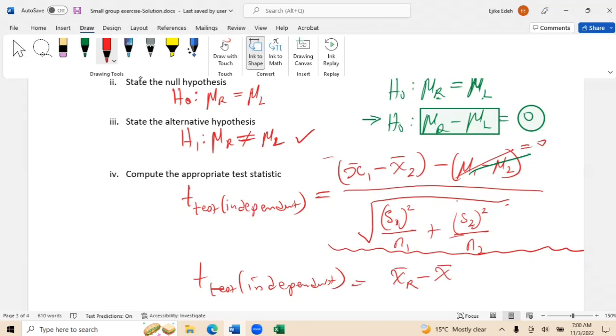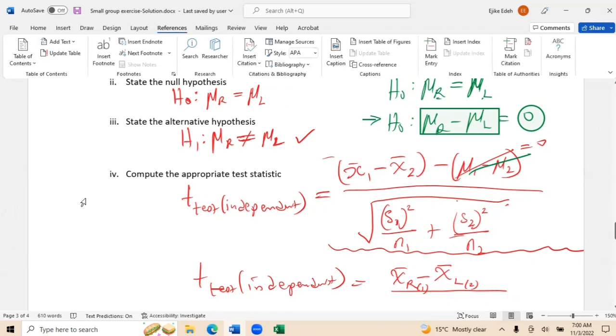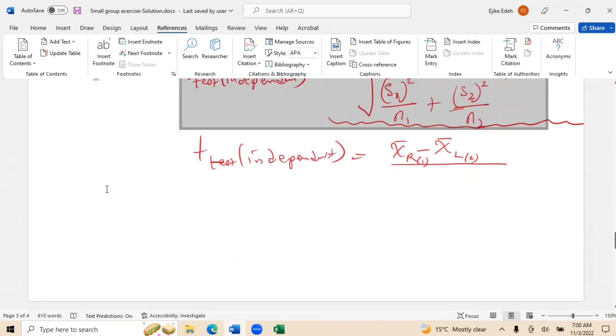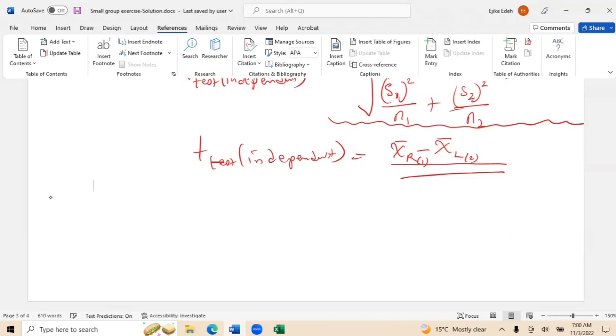So the mean of left, so this is supposed to be your group 1 and this is your group 2, right? Divided by, if I have enough space there, okay, I do, divided by the square root of the sample standard deviation for the right, which is your group 1, all squared.